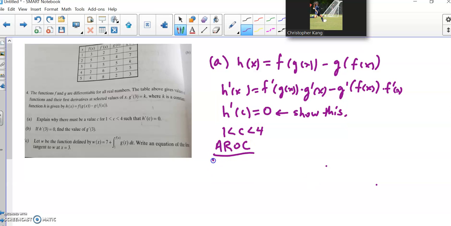So I need to find h at 1 and h at 4. Well, h at 1 is going to be f at g at 1 minus g of f at 1, and the same thing goes for 4.